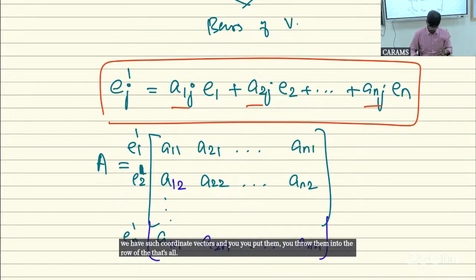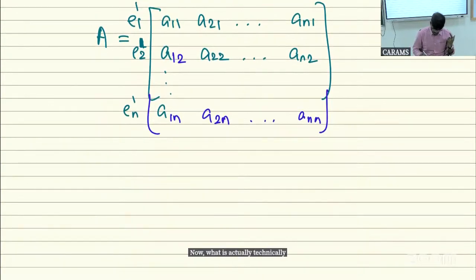Now, what we have technically done here is, if we take a vector V, then I know who this is.